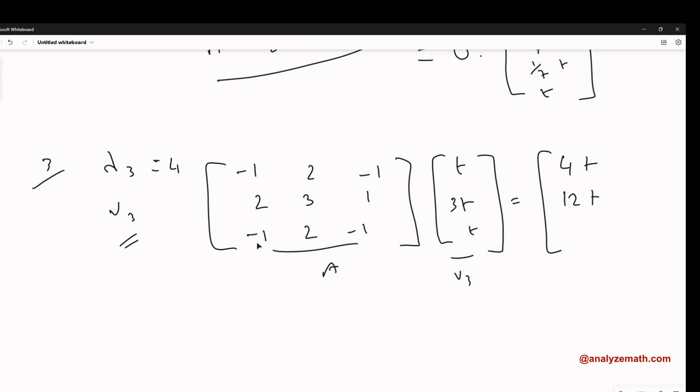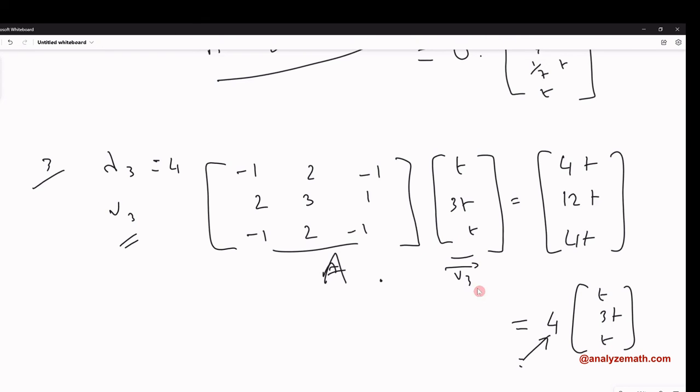The last one, minus t plus 6t minus t, gives me 4t. If I factor the 4 out, that gives me t, 3t, and t. Again, the matrix A times v3 equals lambda, which is 4, times v3, which is eigenvector number 3.